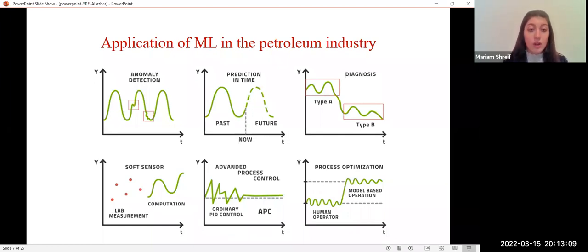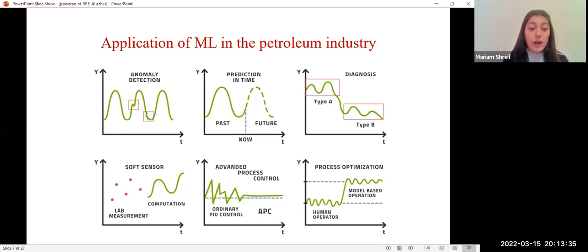So first, anomaly detection, to know whether the operations are normal or not. Second, prediction, to know what will be the value of a certain parameter, or what will be the operational condition in the future. And diagnosis, to know what category a certain pattern belongs to.